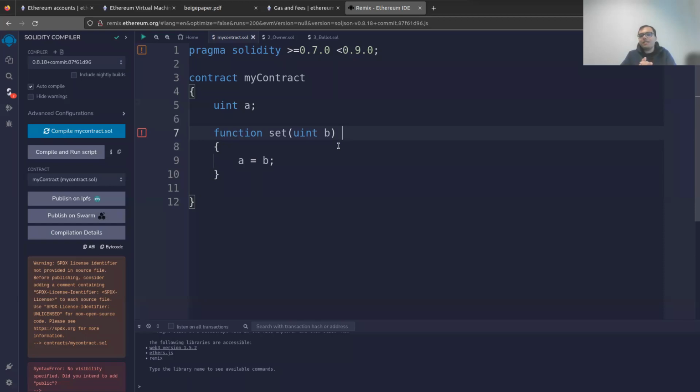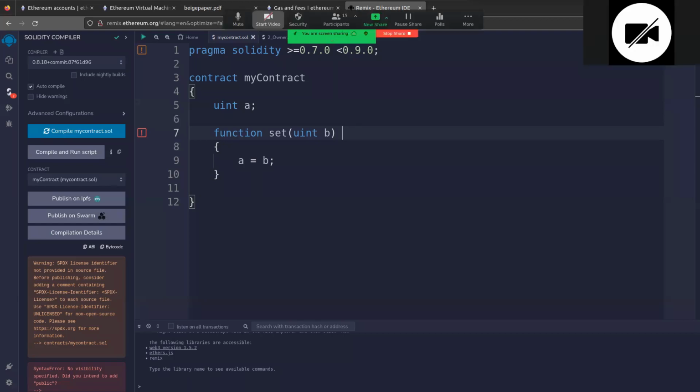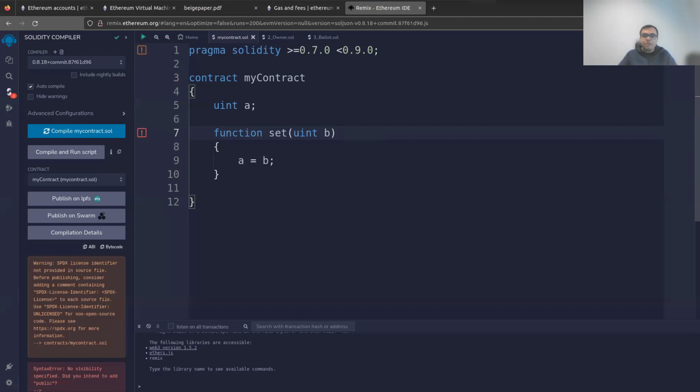Of course, they cannot see it in its Solidity form, but they can see it in the bytecode form when it's compiled. So I don't have any way of actually hiding my functions. But what I do have is control over who gets to call this function.